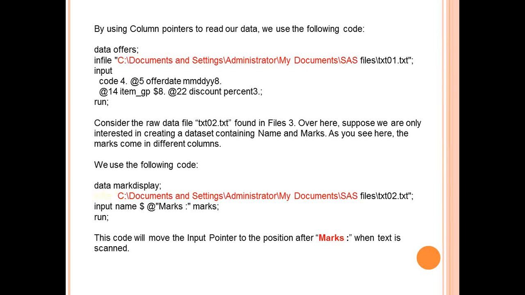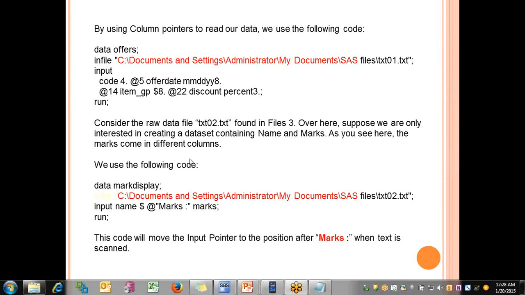Then I have written @14 itemgroup. So the pointer will move forward to position 14, and then it will read the item group with 8 character length, and at last it will move to position 22 and read the discount percentage with 3 length. Okay, so this is how this code is going to work. So let me just use the same.